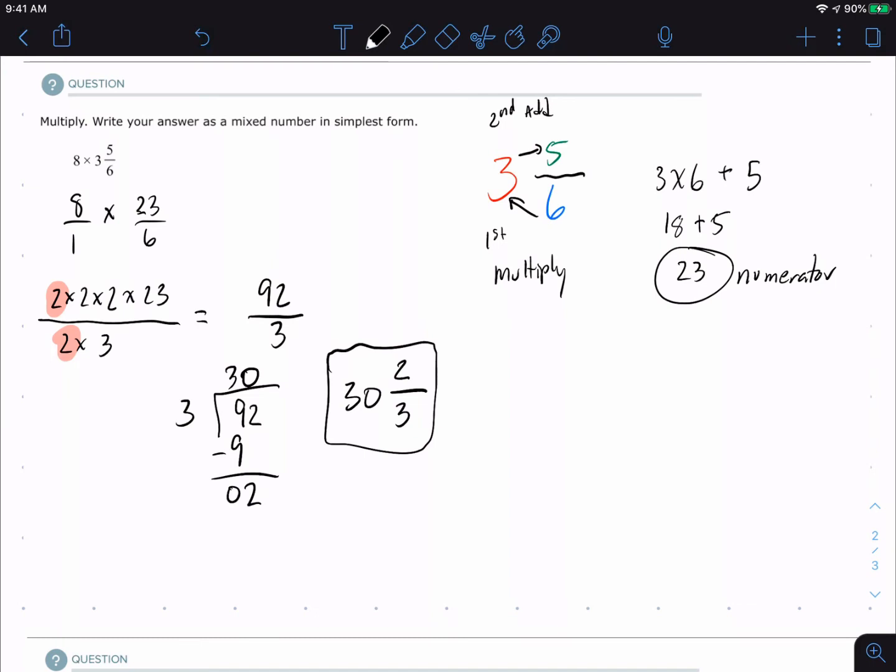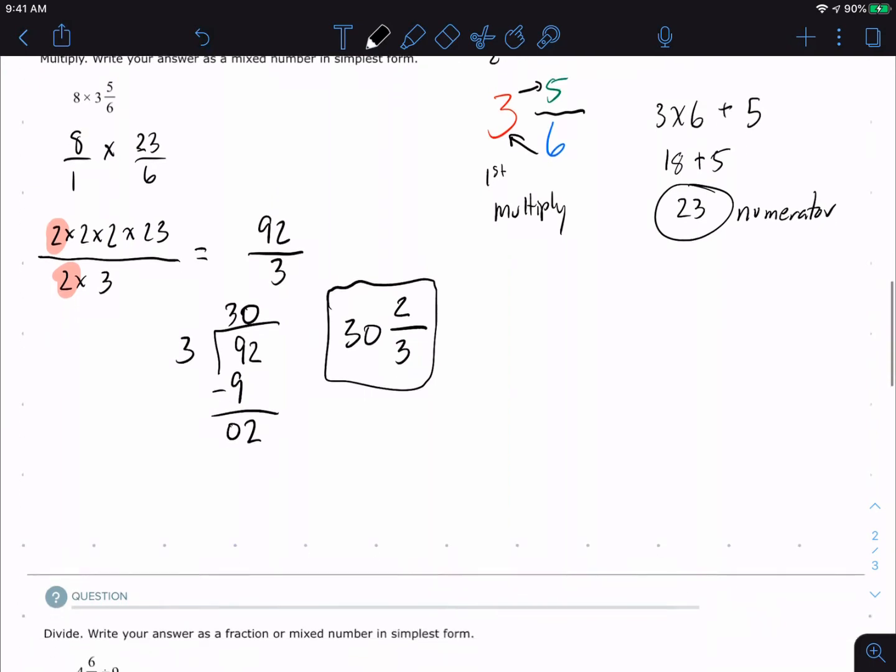Should I do one more? Yeah, can you? Yeah, no problem. All right, so let's say I give you 5 times 2 and 1/3. So the first thing we need to do is change that 2 and 1/3 to an improper fraction, correct? So can you guys do that for me?